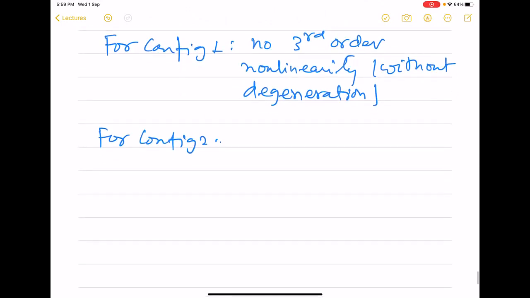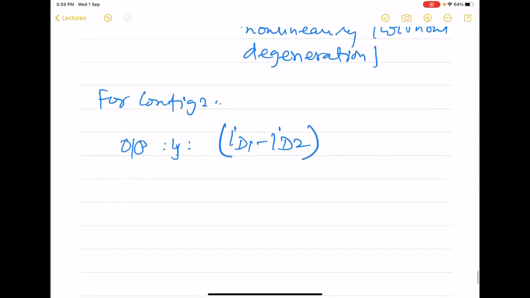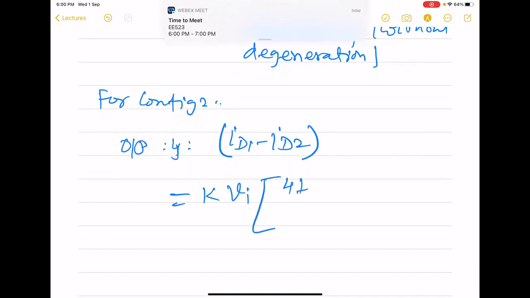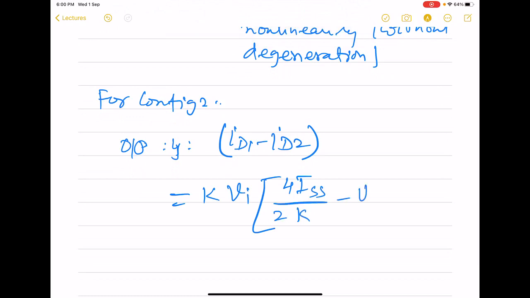So here we know that the output quantity is ID1 minus ID2. If one derives this expression, this will turn out to be K into VI times the square root of 4 ISS by 2K minus VI square.